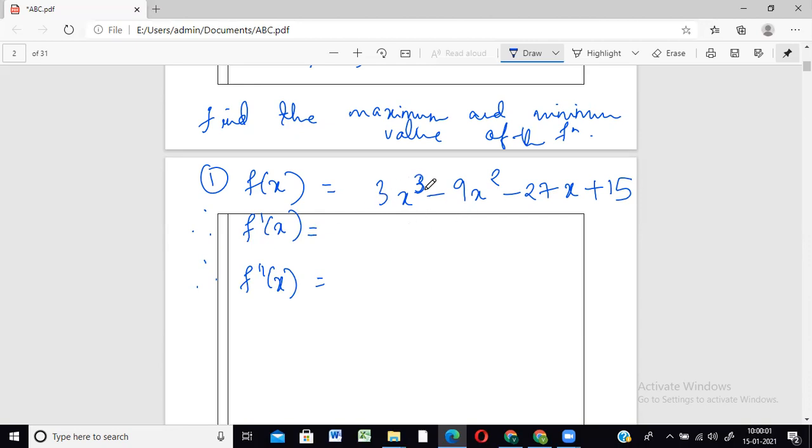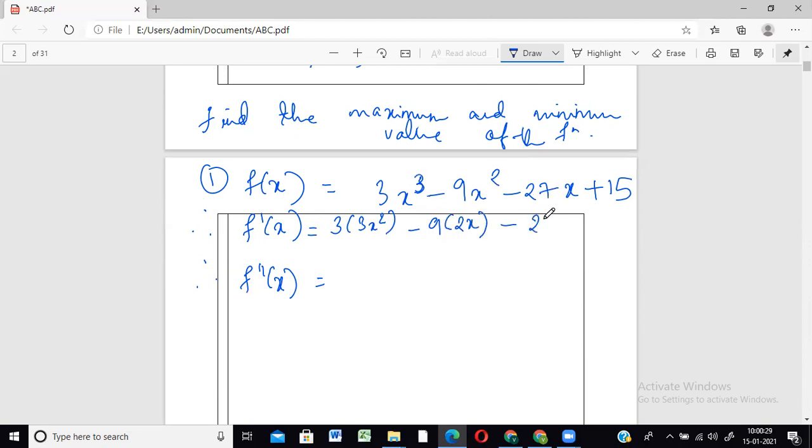So how will we differentiate this? If you're still not comfortable, you can do it separately and then write the answers here. This will be 3 as it is, the constant, and then the derivative of x cube will be 3x square. Then minus 9, the constant as it is, and the derivative of x square is 2x.